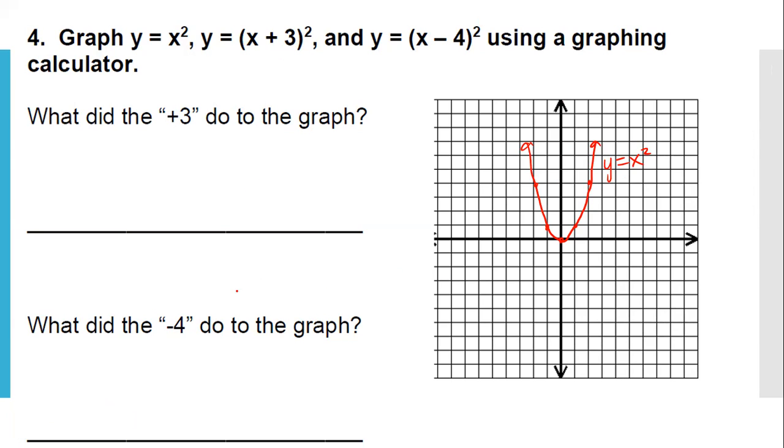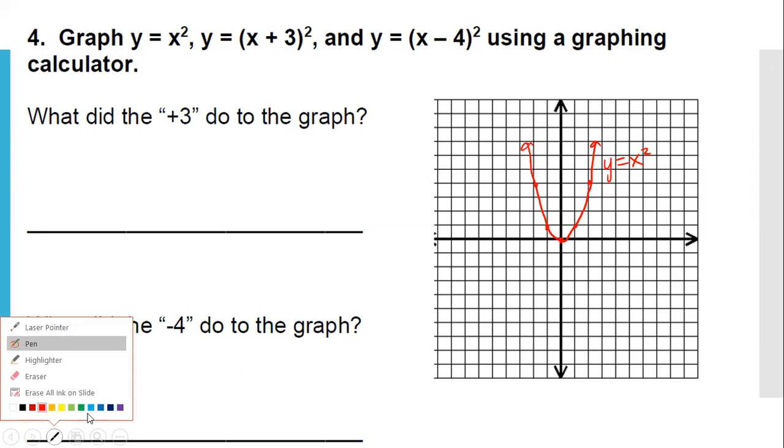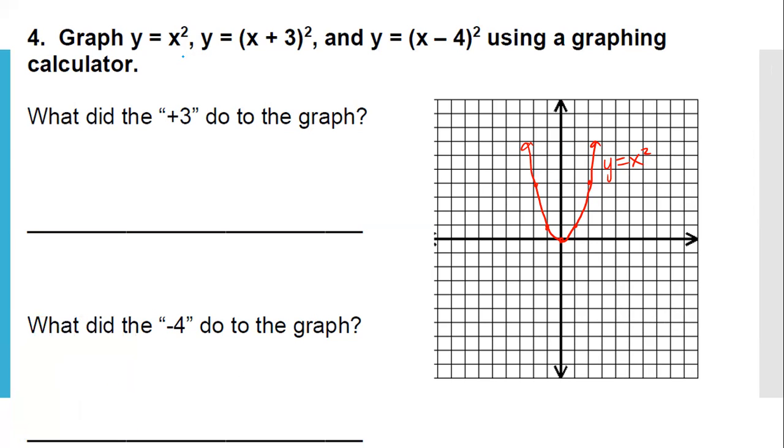The first thing I'm going to do is y equals x plus 3 squared. So what this is saying is that I'm finding y for y equals 0 plus 3 squared, y equals 1 plus 3 squared, and y equals 2 plus 3 squared. And what happens?